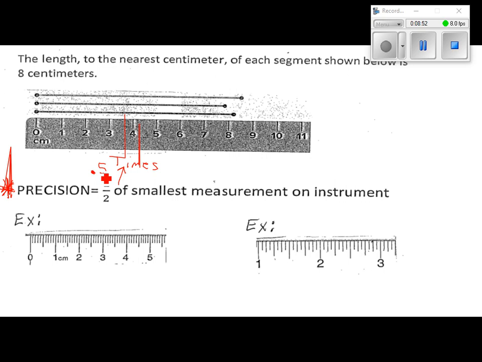So there's 10 spaces. What that means is each one of those spaces counts as 1/10 of a centimeter. To find our precision of this ruler, we take that 1/10 times 1/2, or times 0.5.